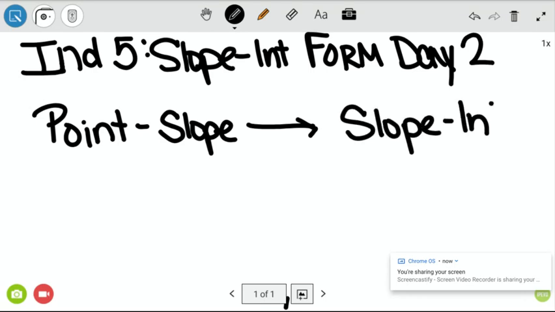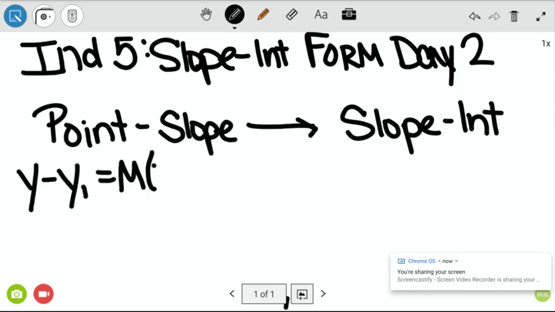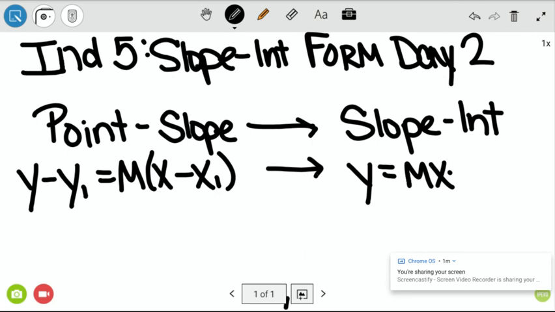So we did this in class yesterday as well. So we will be writing our equations in this form to begin with, and then we'll distribute and move things over to make it look like this, mx plus b.